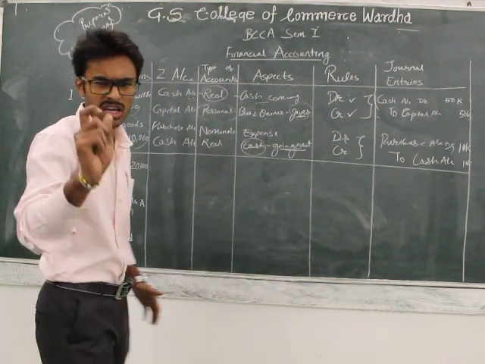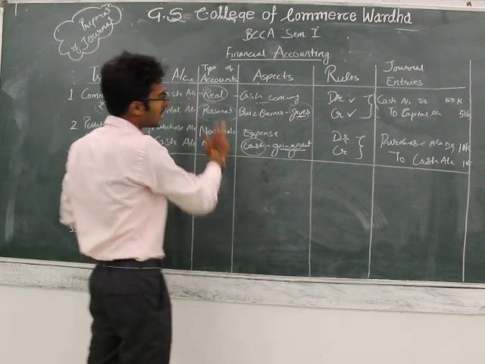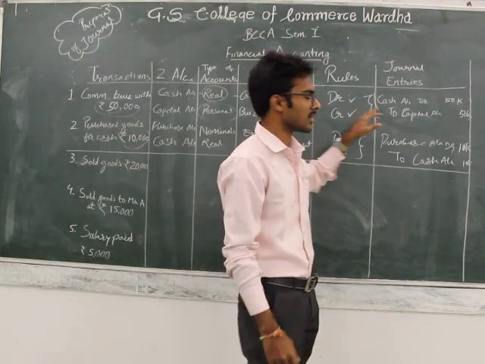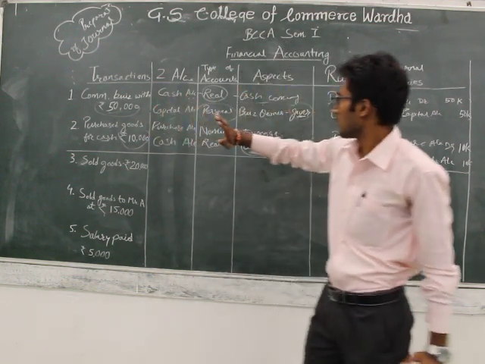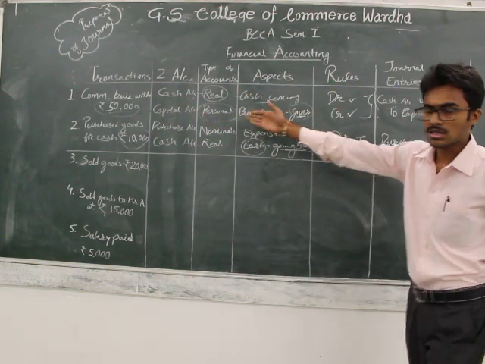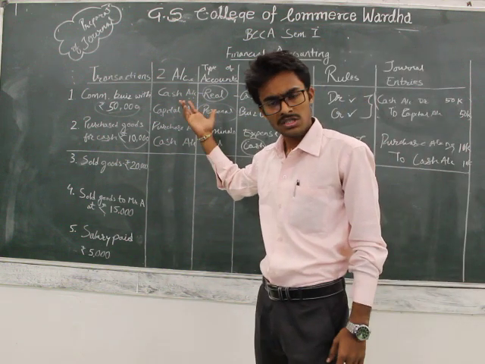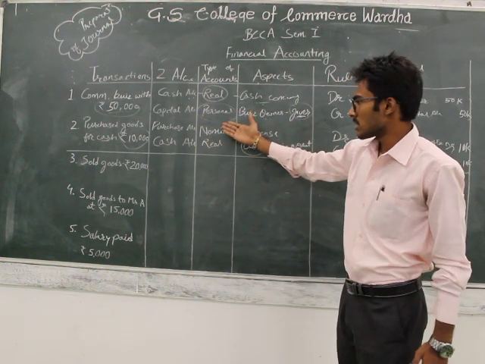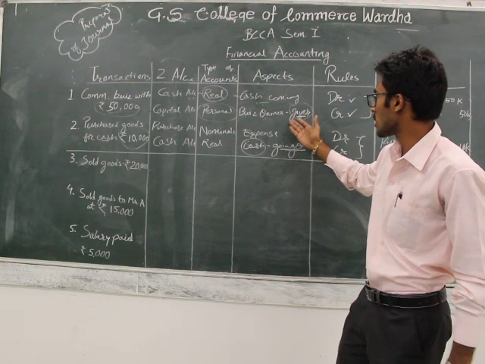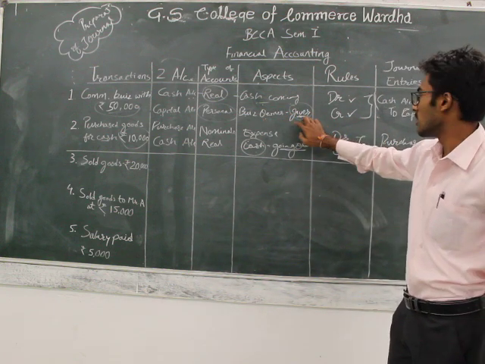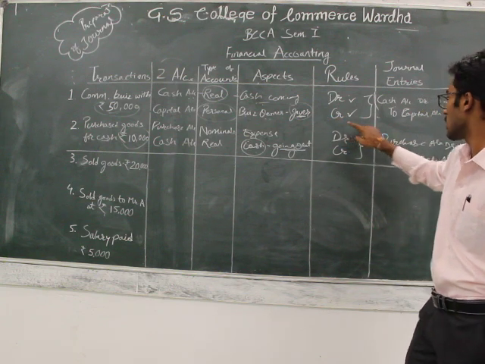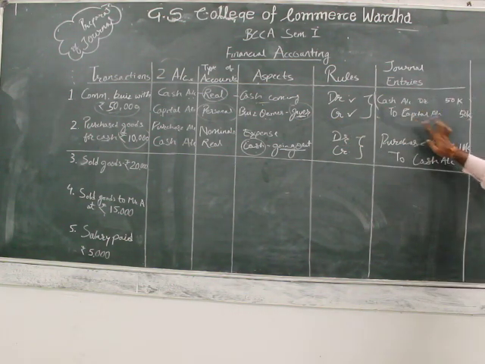A quick recap: cash is a real account coming in, that's why it is debited. The capital account is a personal account, nothing but the business owner's name, and the business owner is the giver here. Giver means credit, so the personal account should be credited. That's why cash account is debited to capital account.